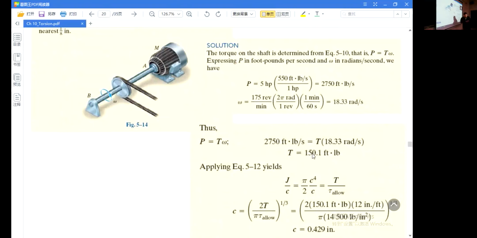Because in engineering practice, a shaft always transmits power, so we have to know the torque exerted by the motor.